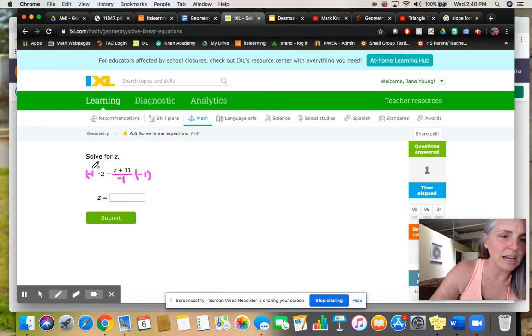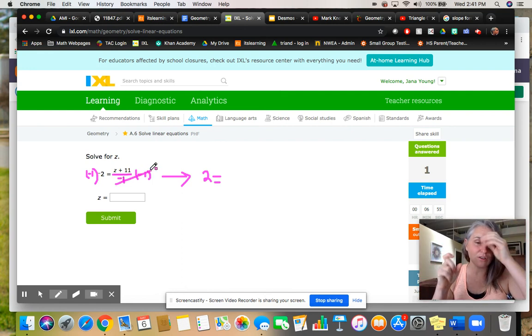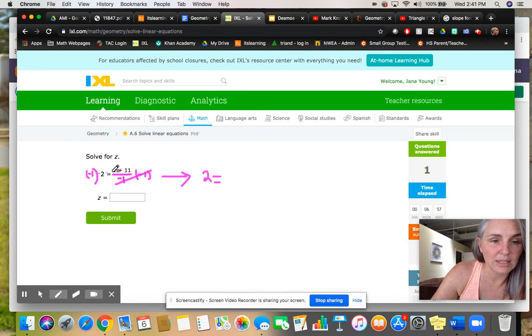So -1 times -2, I'm going to go ahead and move this over here, is +2. And then divided by -1 and times -1, those undo each other, right? And so we're left with z plus 11 on the right side.